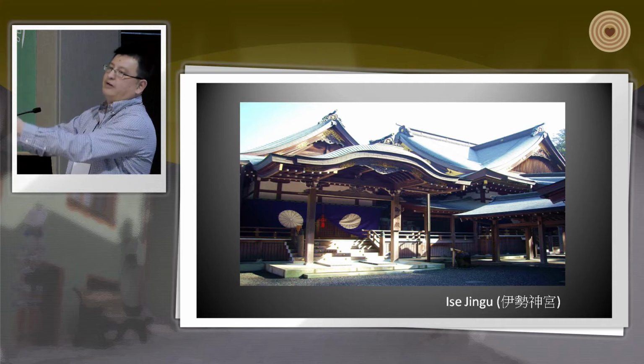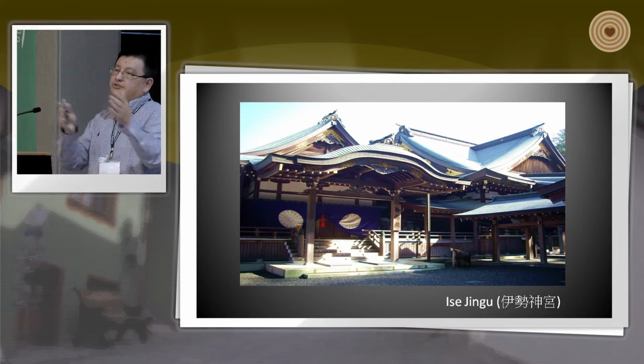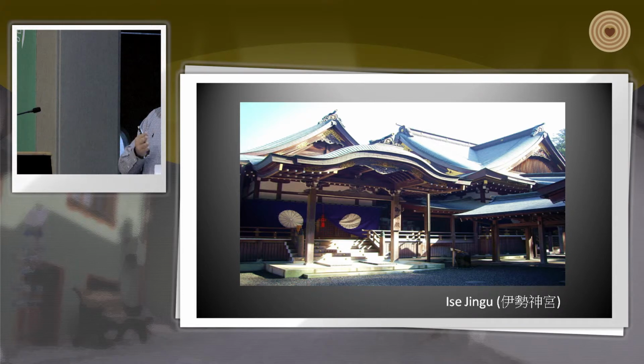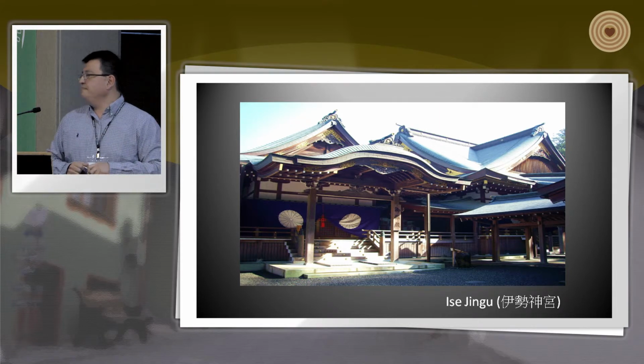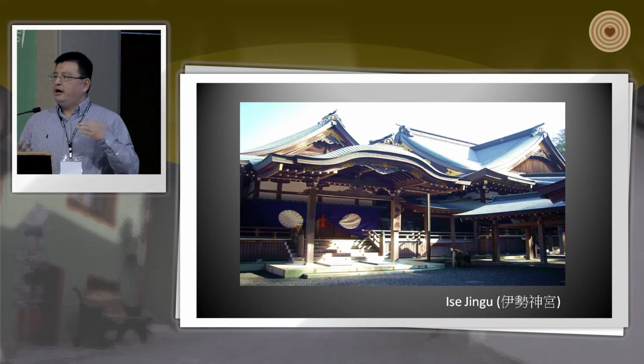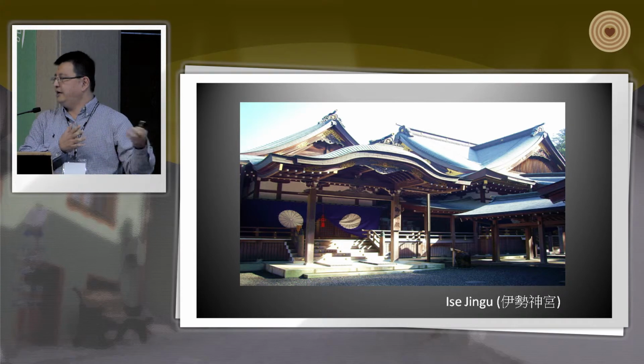Then they build another one next to the original site. They rotate once every 20 years, and it has been about 1600 years so far. I think it was last year that they did it again.